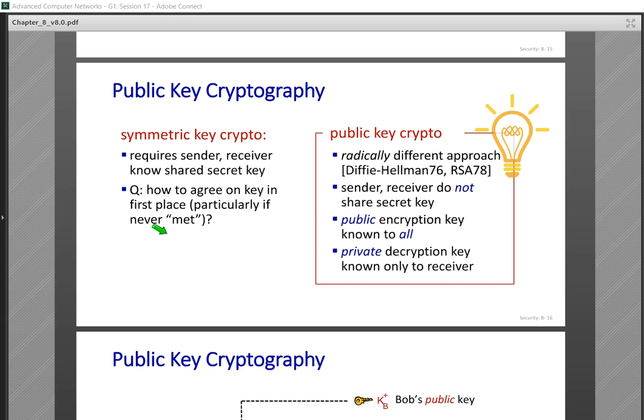In public key cryptography, we have two keys, a public key and a private key.